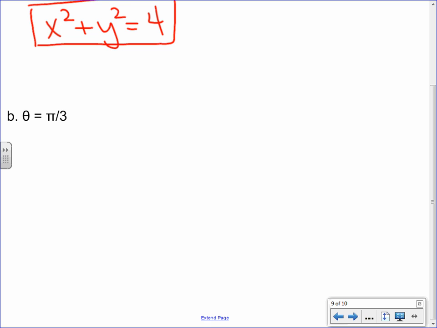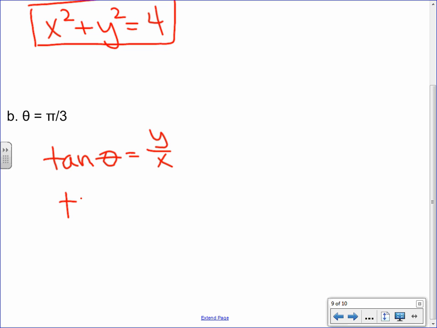Okay, so how do we figure out what the equation is? Let's think of this. What do I have that's a relationship with theta and x and y? It's the tangent. We know that the tangent of theta should equal y over x, correct?